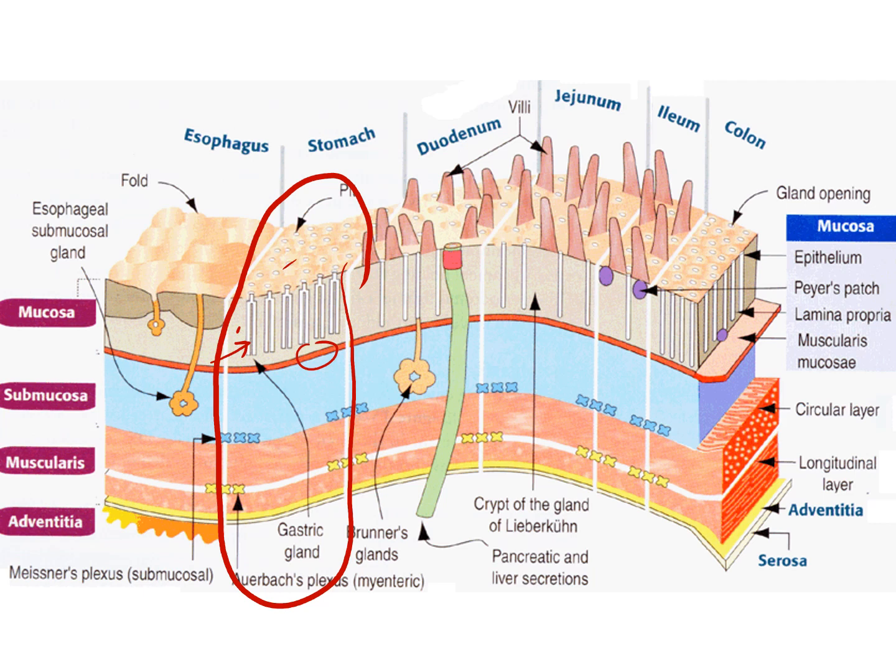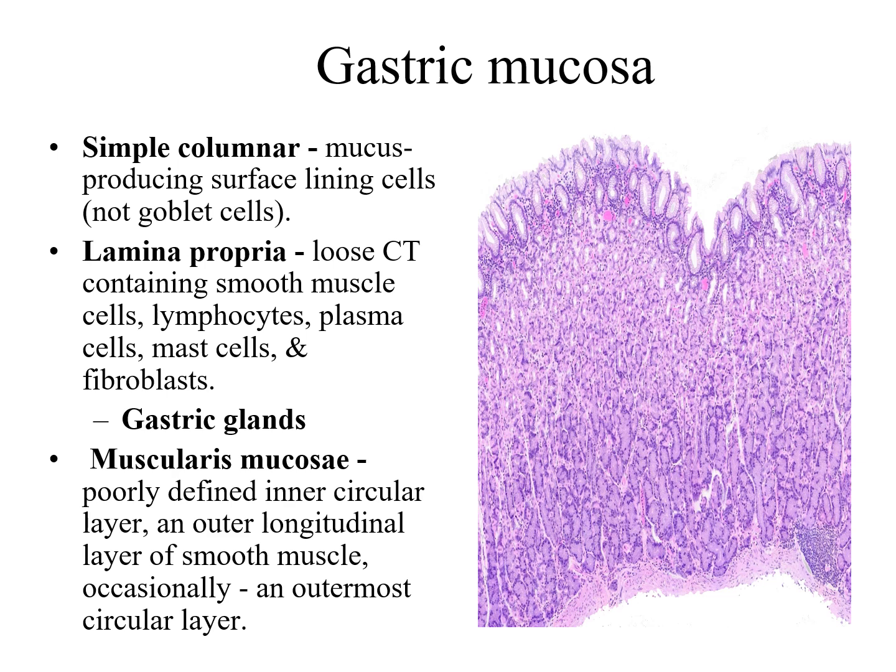We call them the gastric glands, and these glands open onto the surface of the stomach through special openings that we call the gastric pits. Then we have the submucosa, then the muscularis externa, which consists of three layers: the inner oblique, middle circular, and outer longitudinal. And finally we have the serosa, which is composed of simple squamous epithelium.